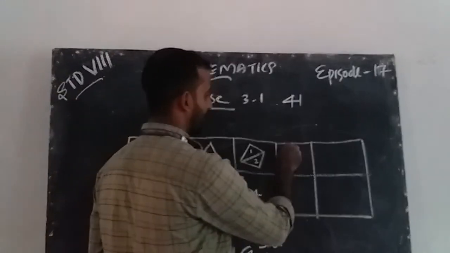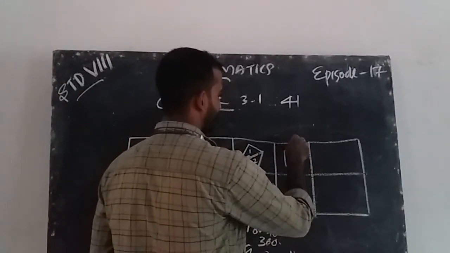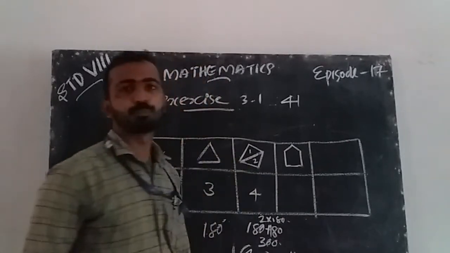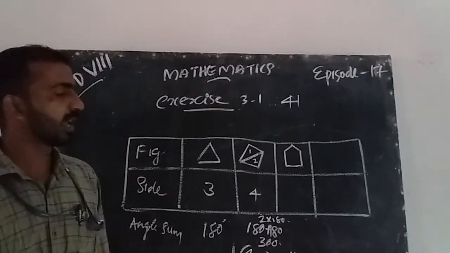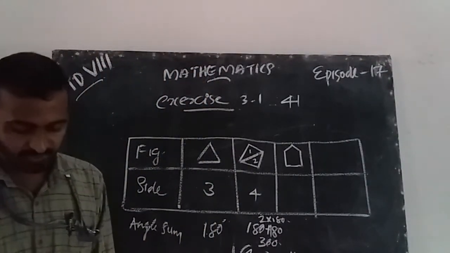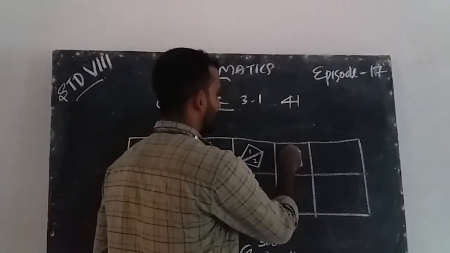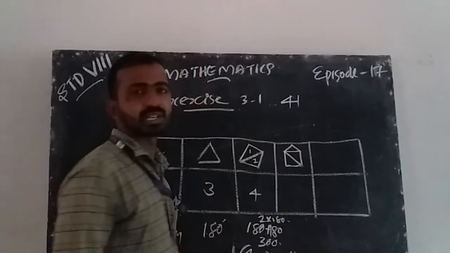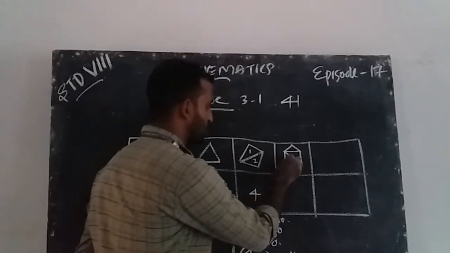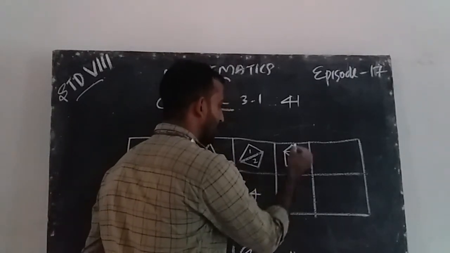And another one is what? A pentagon. Which way can we do it? How many triangles? Here is 1, 2, 3.